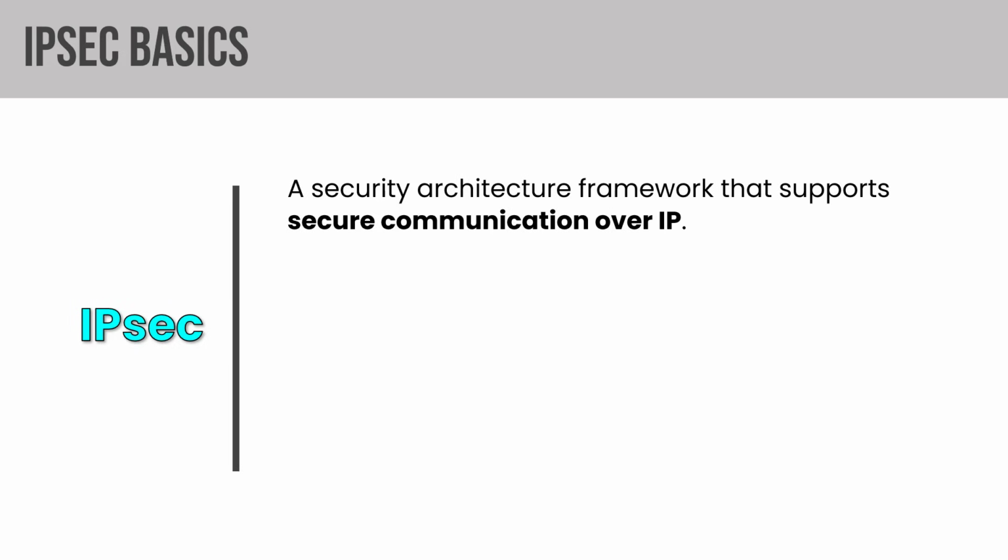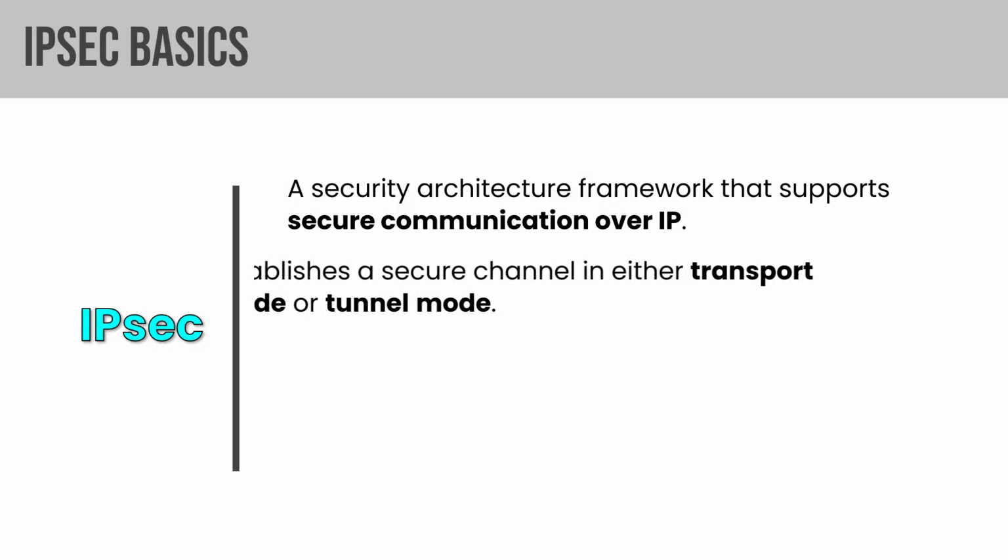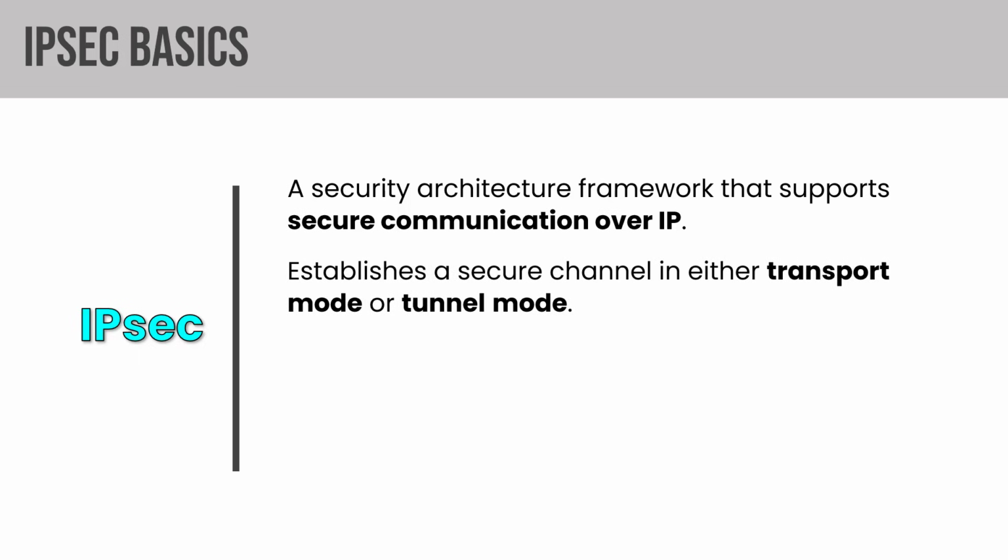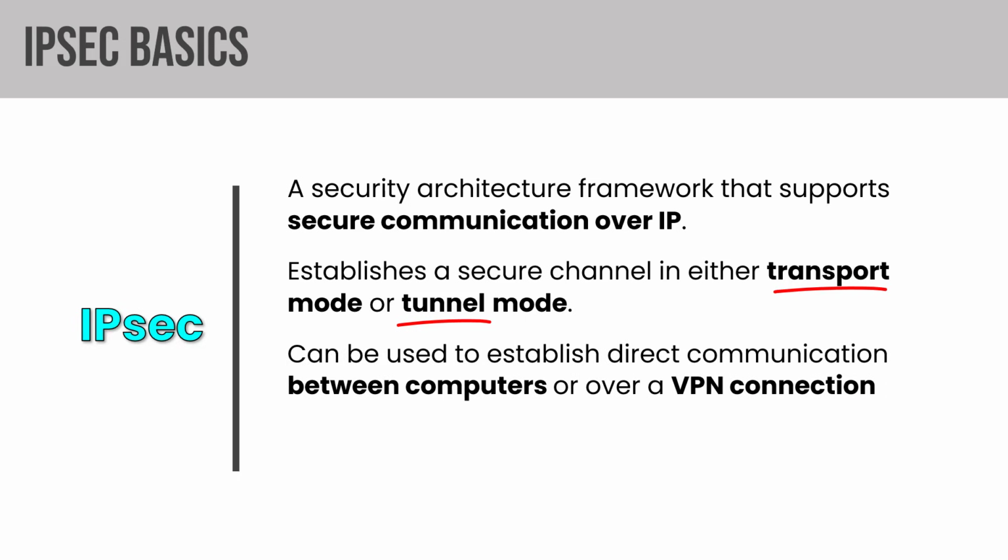IPsec is a security architecture that supports secure communications over IP. It establishes a channel in one of two modes, transport mode or tunnel mode. It can be used to establish direct communication with computers over a VPN. I've also seen IPsec used between computers without a VPN.